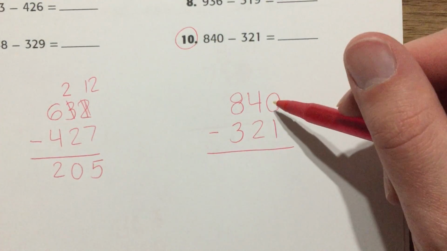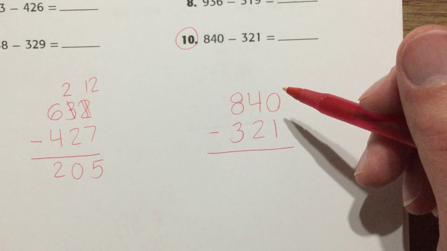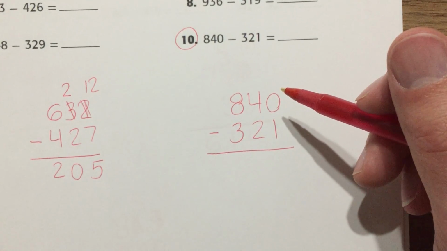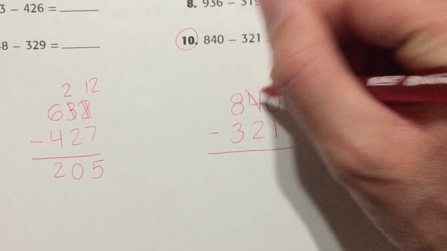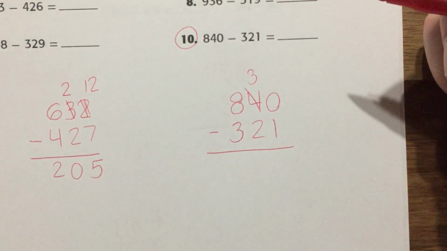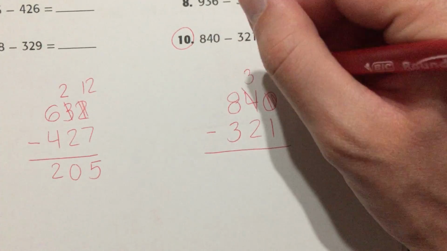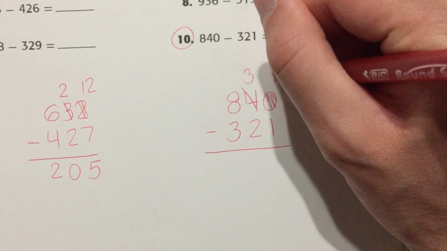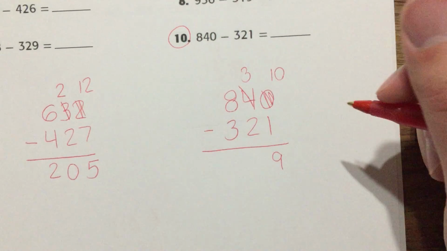0 minus 1. If I have nothing, can I take something away from that? No, I cannot. So what we have to do is once again go to our neighbor. Our neighbor number 4 agrees to lend a 10 to us, turns himself into a 3. That becomes a 10 over here. 10 minus 1 then is 9.